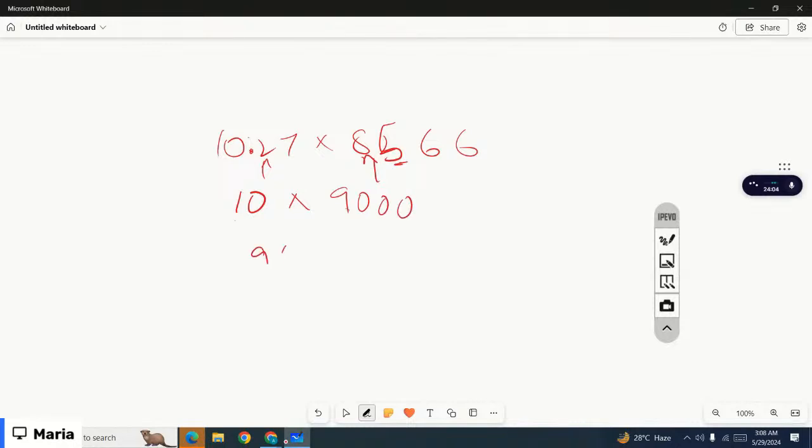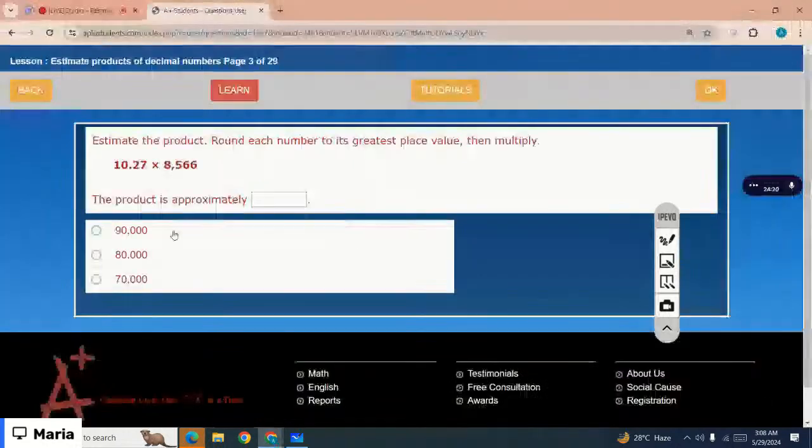9 times 1 is 9. You need to add these 4 zeros, 3 here and 1 here. That is 90,000. So the correct option is 90,000. Option number 1 is the correct option.